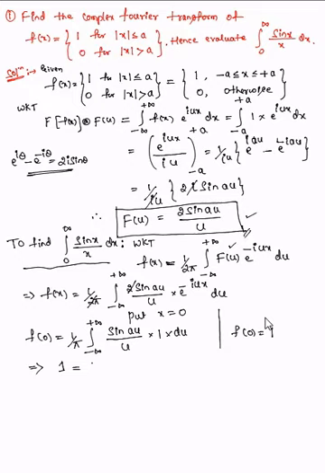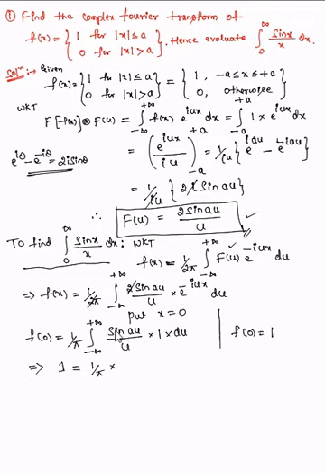So 1 equals 1 by pi into this integral, which is of the form minus a to plus a of some function. In the last class, we gave one property: integral from minus a to plus a of f of x becomes 2 times integral from 0 to a when f of x is even. This function is even, because if I put u equal to minus u, sin becomes minus sin u and the denominator is minus too. Minus minus gets cancelled and you get plus only. So if I replace u by minus u, the value will not alter. I can call this an even function.